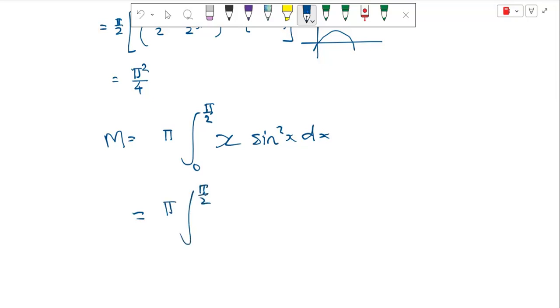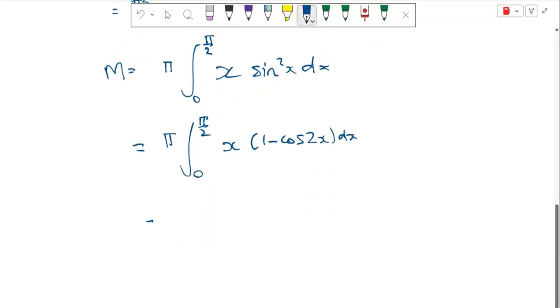We've already done that work. So it's pi on 2 to 0, it'll be x times 1 minus cos of 2x dx. Now I want to expand that out. I'm going to get pi x minus x cos of 2x dx.